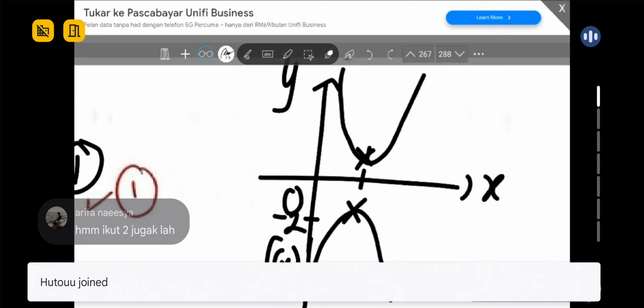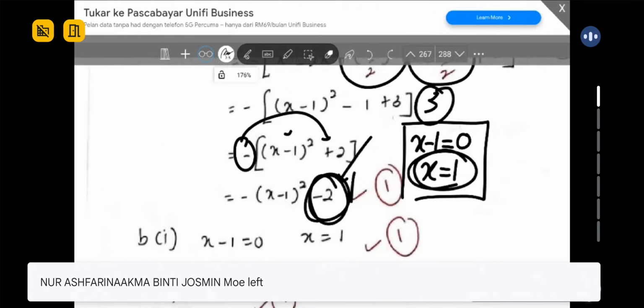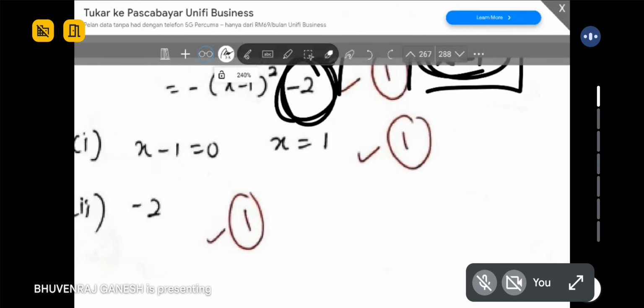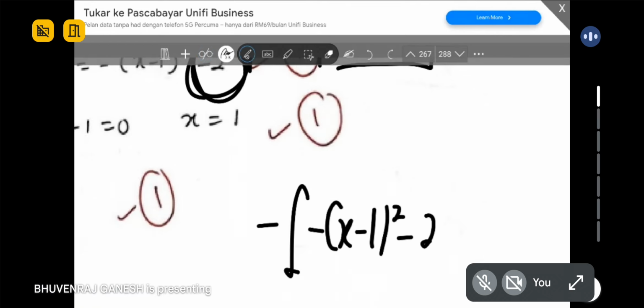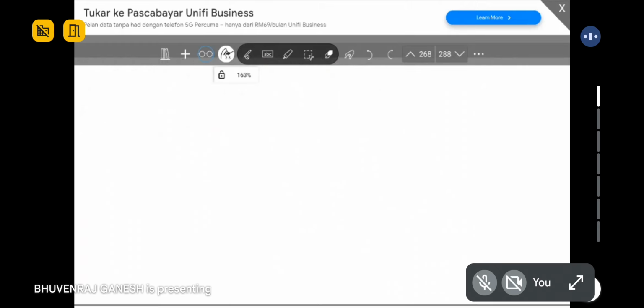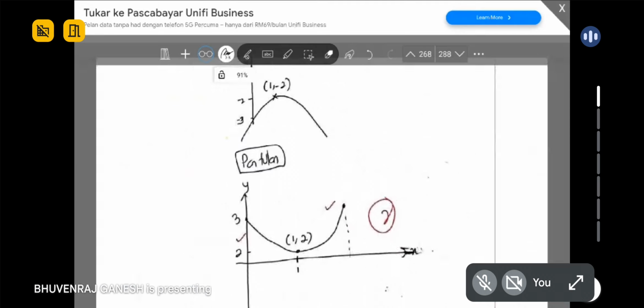Nilai A dan nilai C akan berubah. So you just times the whole equation by negative, guys. Originally it's like this. So you just times by negative. So this will be your answer, guys. So you can expand, kembangkan. So you will get something like this. Okay, so wait.